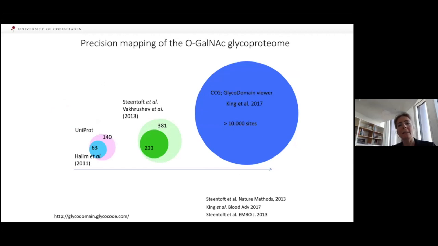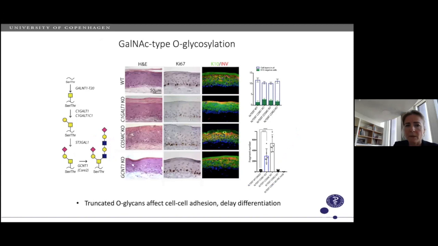So lastly, just a little word about the O-glycans. The O-glycoproteome has been widely enlarged during the last 10 years, and we have identified more than 10,000 possible O-glycoprotein sites in different proteins.